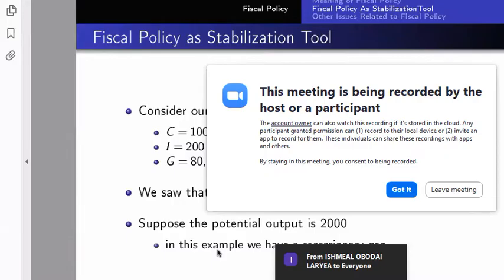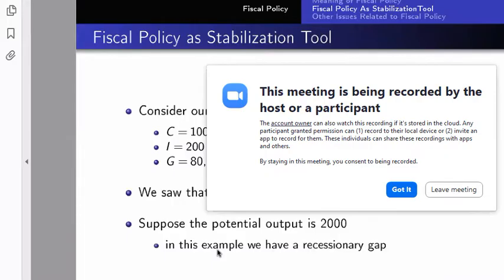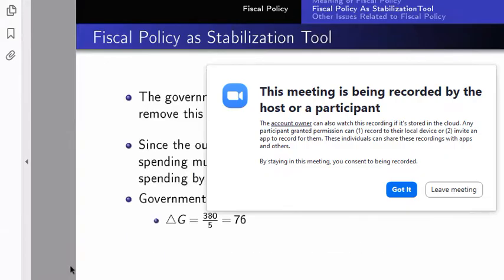So clearly, the actual is lower than the potential. So there's clearly a recessionary gap. And the gap is 380.